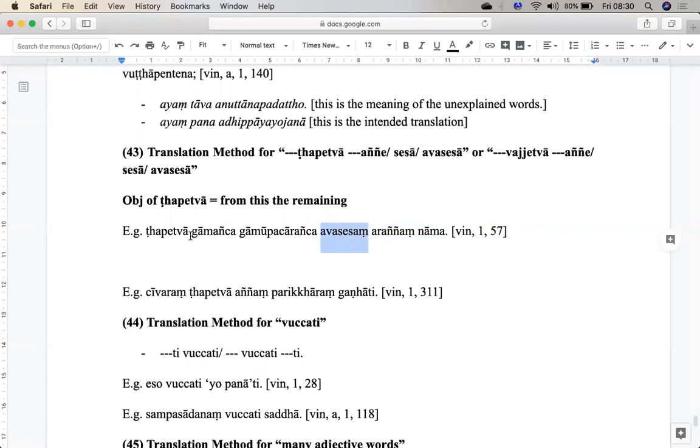So Tabidawa, Gamenja, Gamubajarinja. Gama means the village. So leave aside the village and the surrounding area of the village.